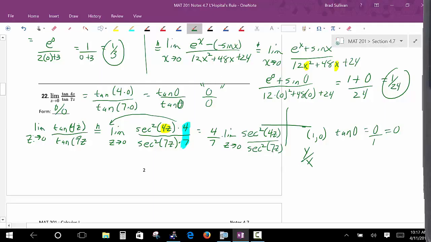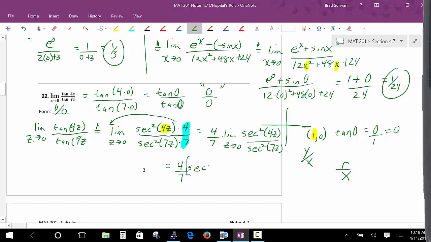Now the secant, what's the definition of a secant in a unit circle? It's just the reciprocal of the cosine, right? So it's r over x. So basically all the secant is, it's the reciprocal of 1, right? So what's the reciprocal of 1? It's 1. So what you would end up having then, when you evaluate this limit, is 4/7.